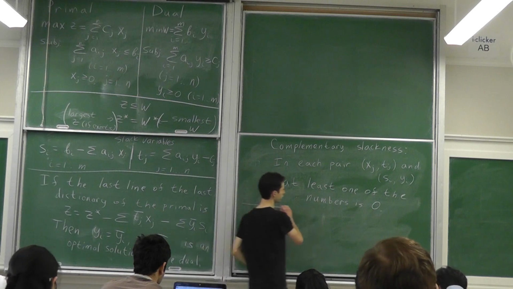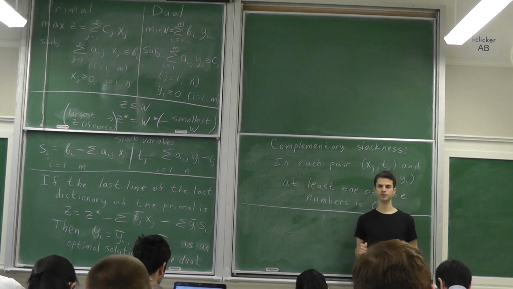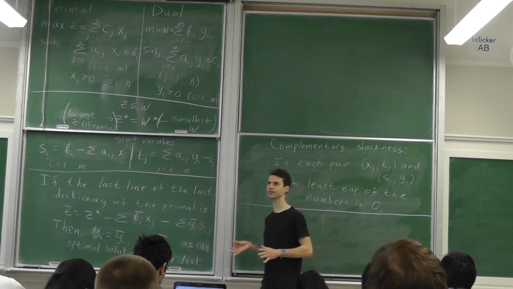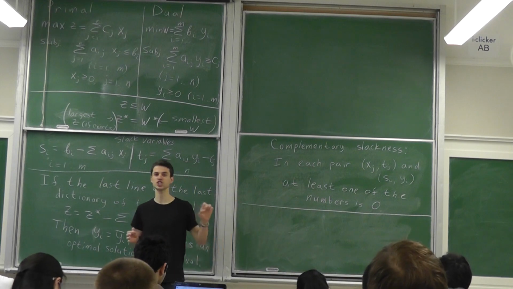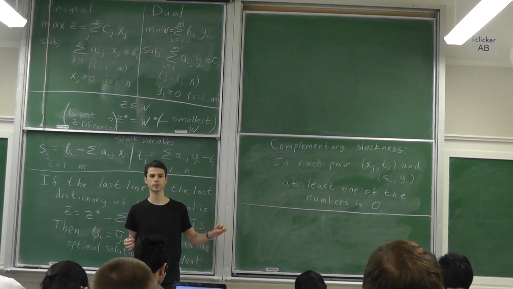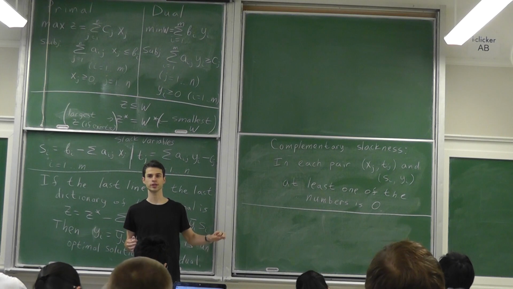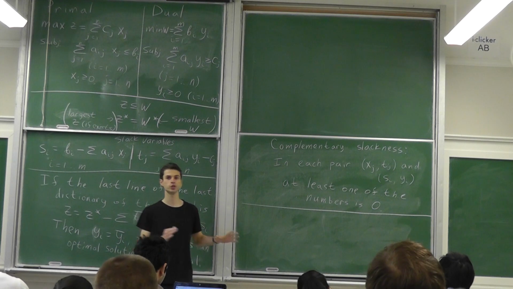And so from complementary slackness, we derive a very nice criterion for how to check whether a suggested solution to the primal problem is actually the optimal solution without solving the problem.